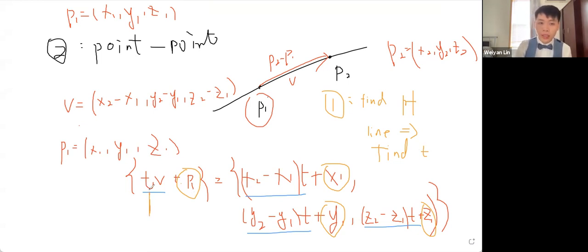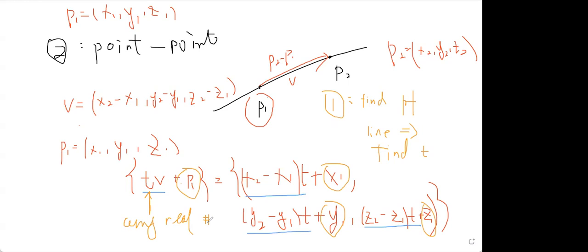Because again, the t here is a spanning coefficient. Any t, we want to span the line. That's why we want to pick any real numbers. So t represents all possible real numbers. So far, so good.